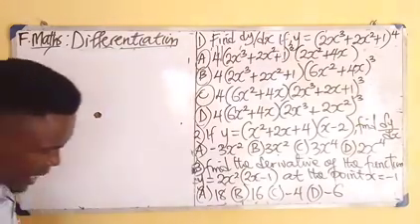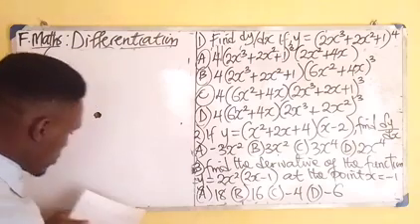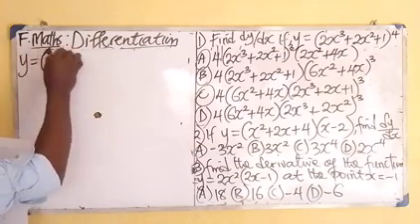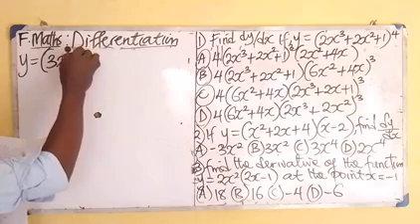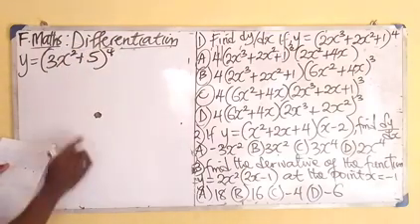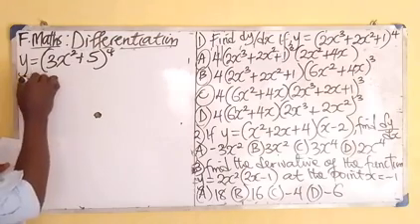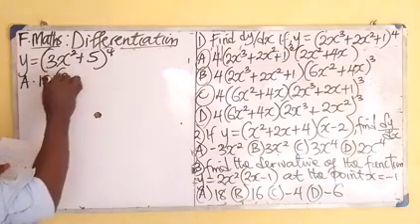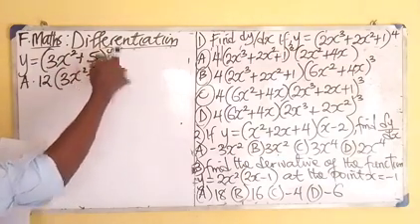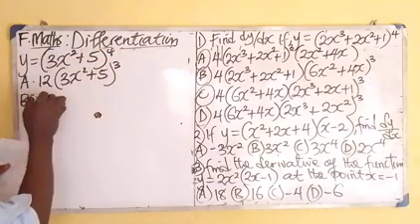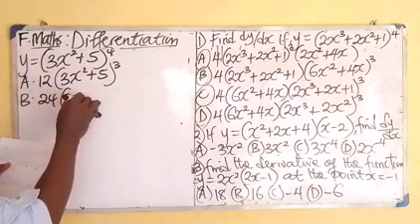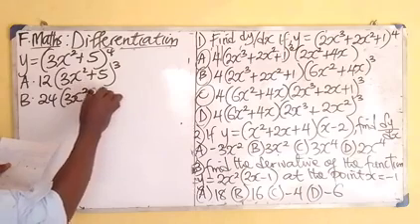All right, so the next thing we do is to solve. Okay, I have a question here, and the question is, they said y equal to 3x squared plus 5, all raised to power 4. The options are, I have option A to be 12 open bracket 3x squared plus 5 raised to power 3. Yes, we can accept that. B, we have 24 times 3x squared plus 5 raised to power 3.